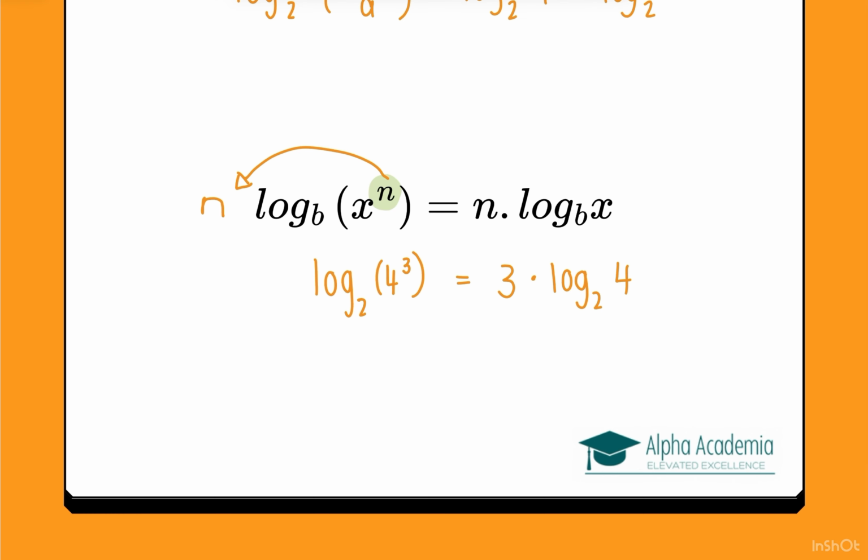Okay, I do hope this does make sense. Just be very careful that exponential value does disappear from here, and you would then place it in front. Okay, please don't rewrite it with the 3 still existing within your brackets. You have now moved that exponent to the front to be multiplied.